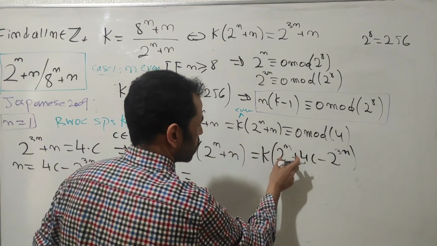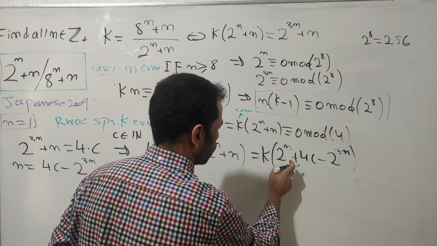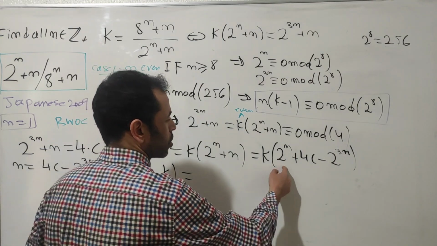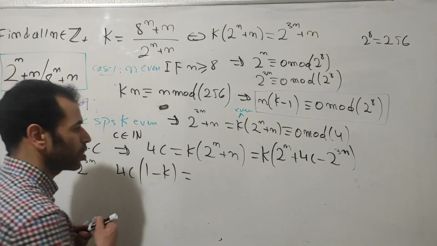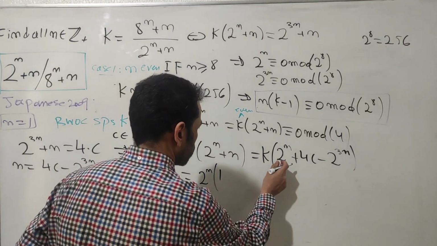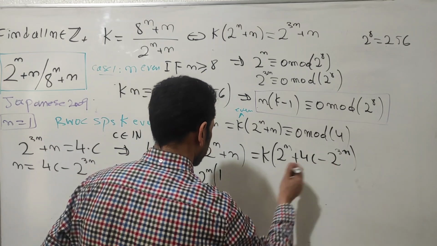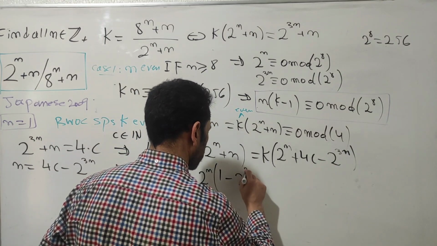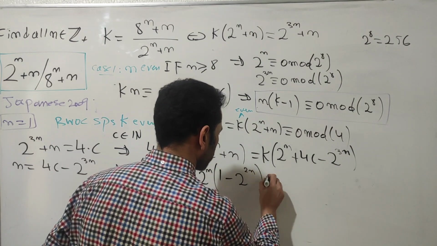Then I take 2 to the n as a common factor, because I have two terms which are powers of 2. So 2 to the n factor, this one multiplied by 1, this one multiplied by 2 to the 2n, everything multiplied by k.